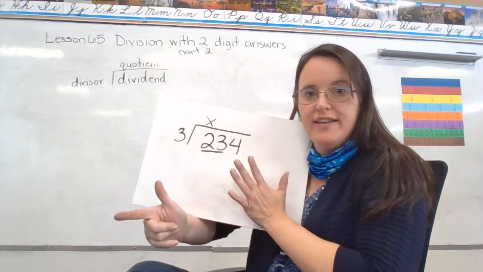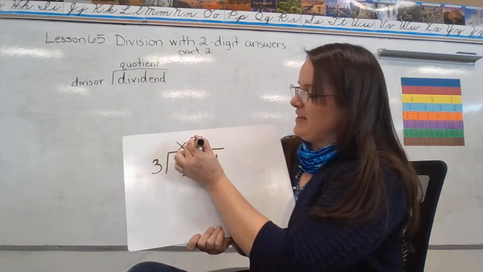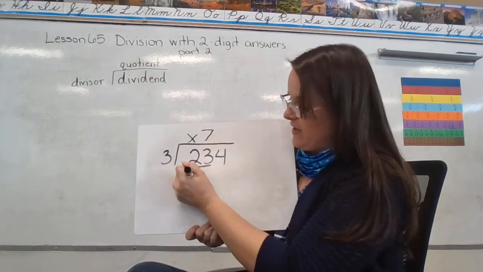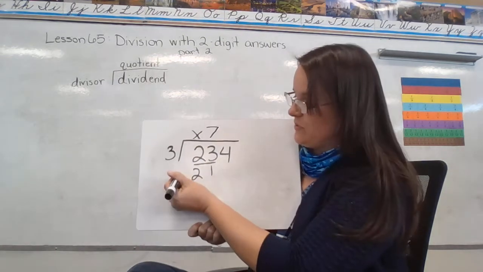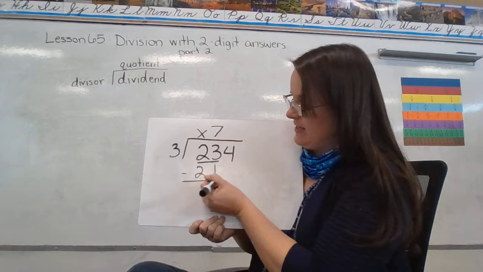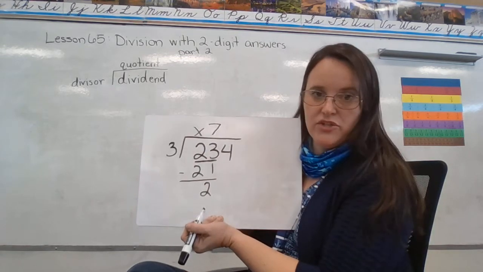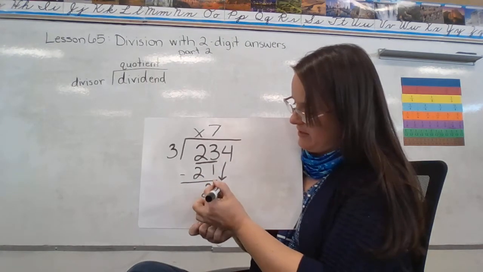So 21 gives me 7 times. So I'll put a 7 up here. 7 times 3 is 21. That's what we just said. We write it down here. Our next step is to subtract. So 23 minus 21 gives me a 2. Our next step is to drop.